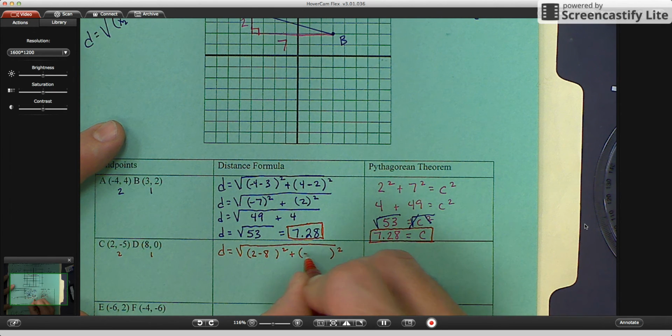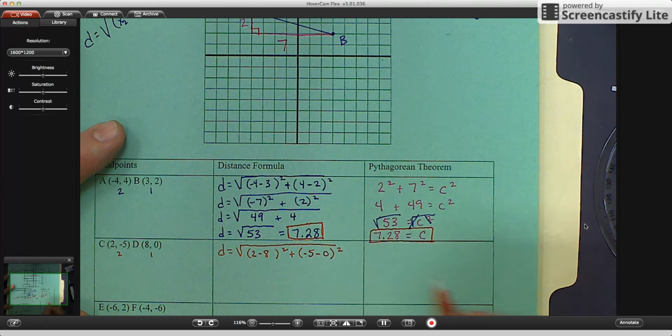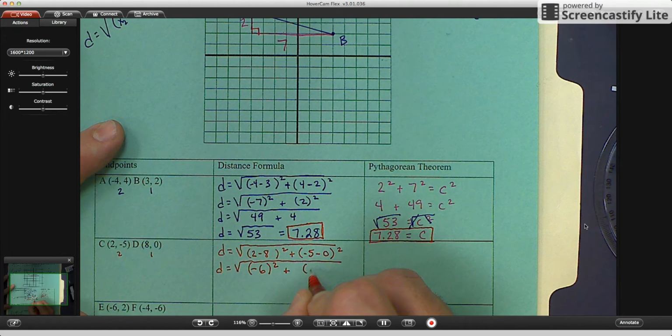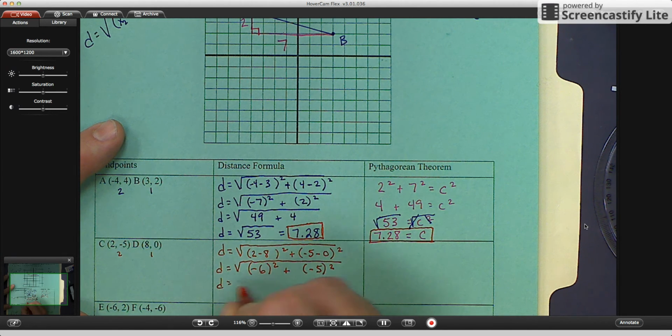And then we'll do -5 minus 0 there. Simplify our radical. 2 minus 8 would be -6 squared. Plus -5 minus 0 would be -5 squared. -6 squared would be 36. -5 squared would be 25.